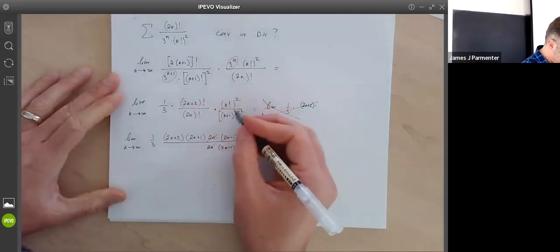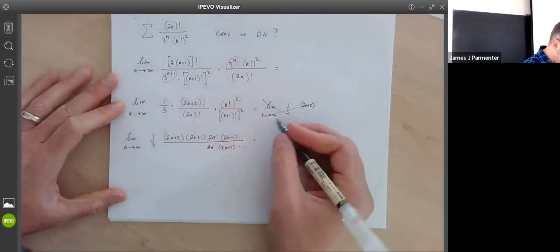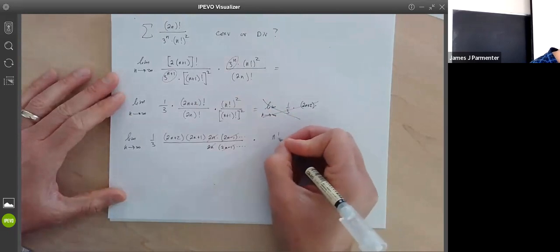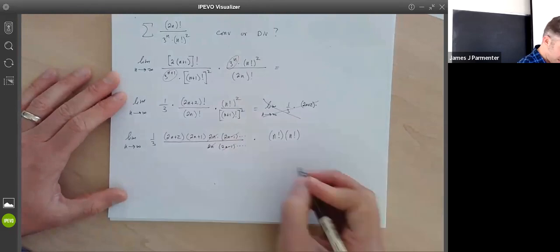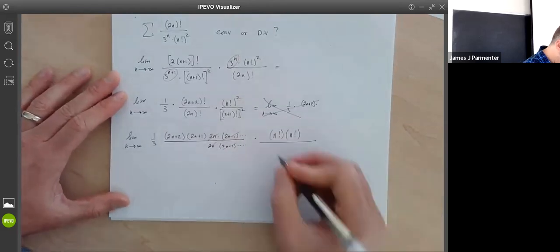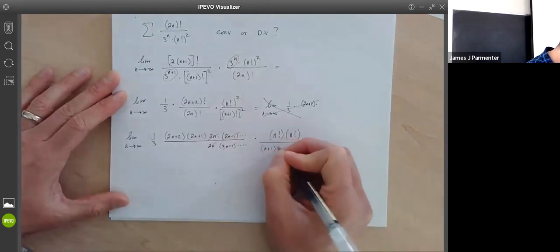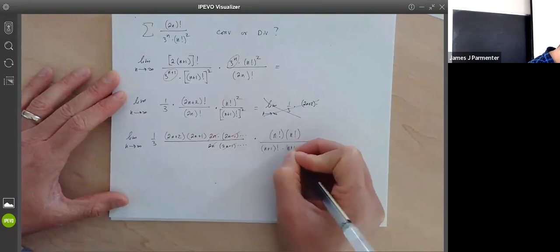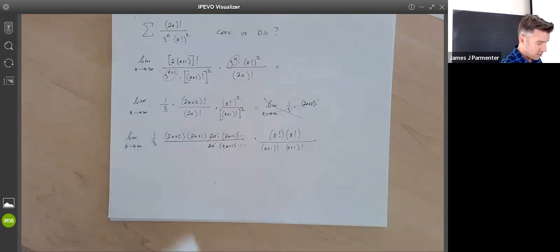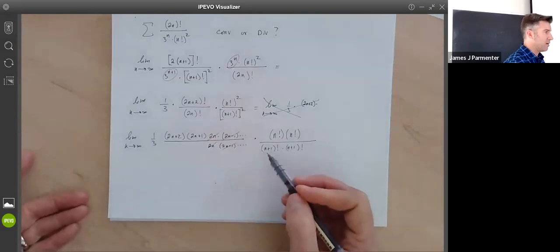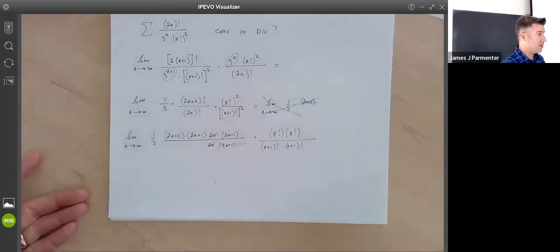And then for n factorial squared over n plus 1 factorial squared, I have an n factorial times an n factorial. And on the bottom, I have an n plus 1 factorial times an n plus 1 factorial. And we just saw from the last question that when you have n factorial divided by n plus 1 factorial, that leaves you with the 1 over n plus 1.